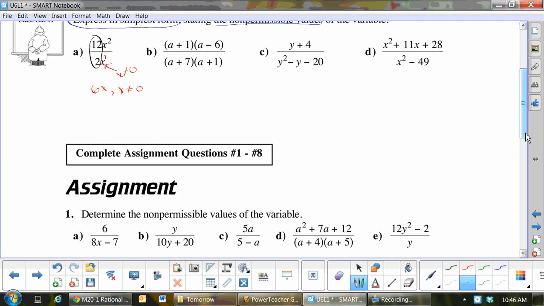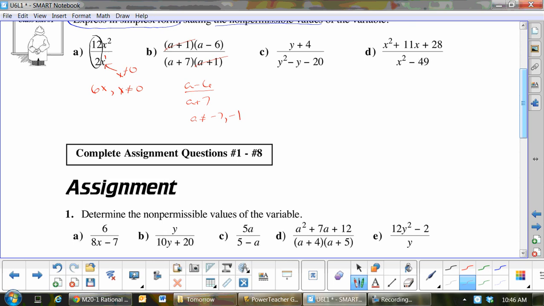Now, what do I do now? Can I do anything? I can cancel these out, and the answer is A minus 6 over A plus 7. The non-permissible values, A cannot equal... and -1.